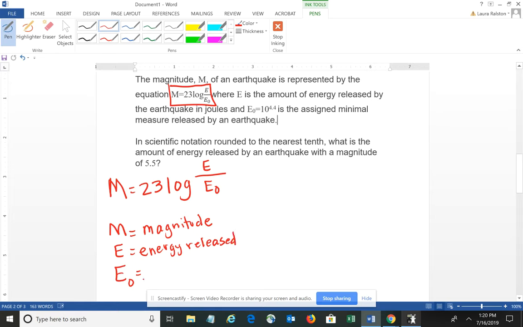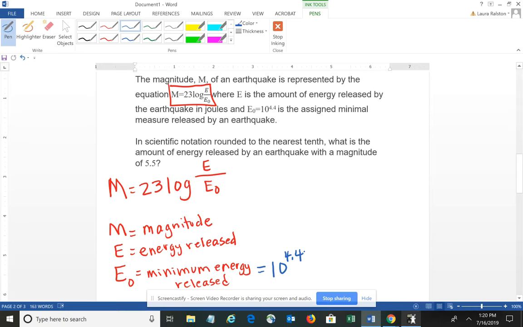And E sub 0 is the minimum energy that gets released. So if I go back through and read the problem again, it says E sub 0 is 10 raised to the 4.4 power.